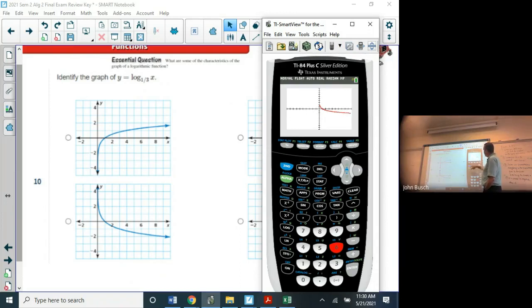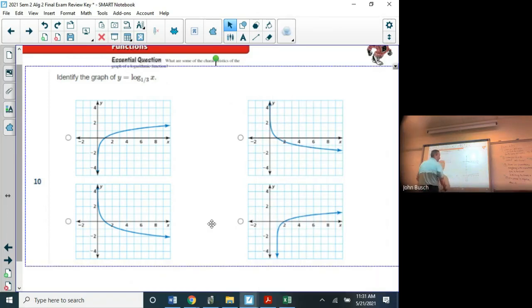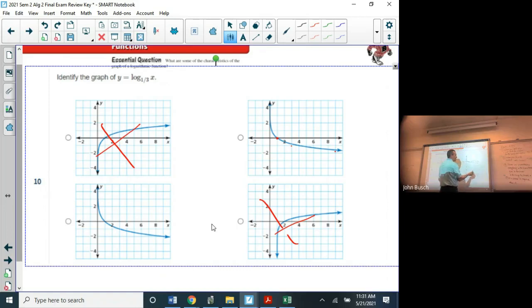And it's the one that comes down. And if we look at the table, we can choose some points too. We're looking for 1, 0, 3, -1, and 9, -2. It comes down, not up. The second points were not on these. 3, -1, 9, -2. That is the correct one.